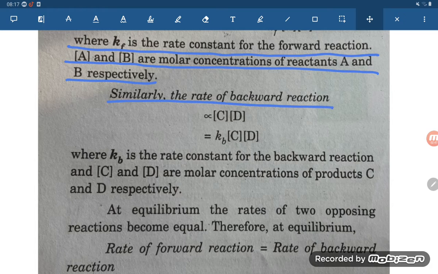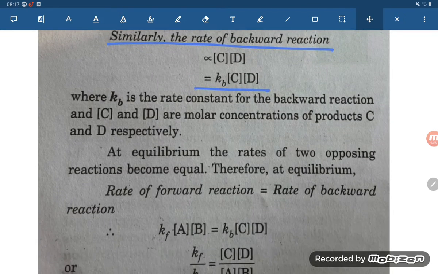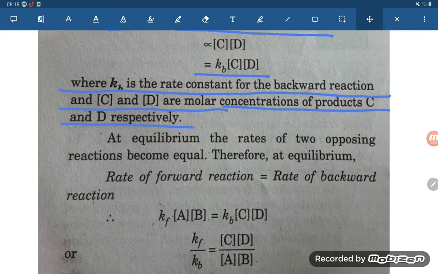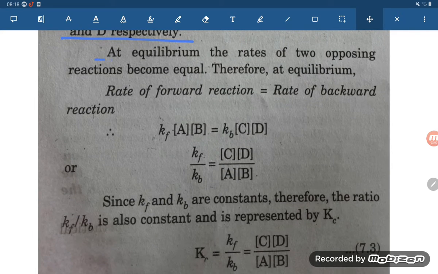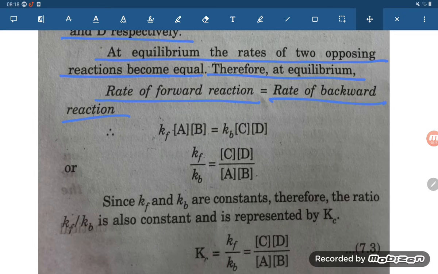Similarly, the rate of the backward reaction is Kb [C][D], where Kb is the rate constant for the backward reaction, and [C] and [D] are the molar concentrations of the products C and D respectively. At equilibrium, the rates of the two opposing reactions become equal. Therefore, at equilibrium, rate of forward reaction equals rate of backward reaction.